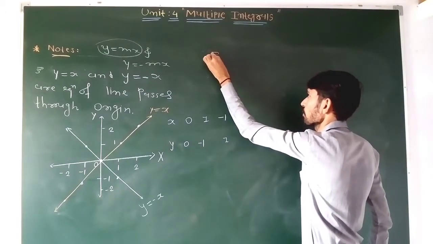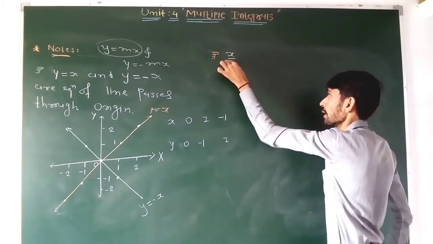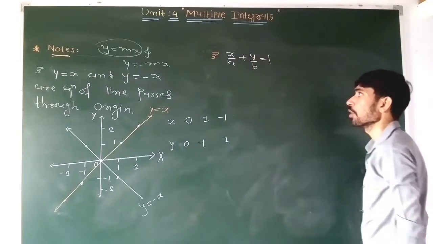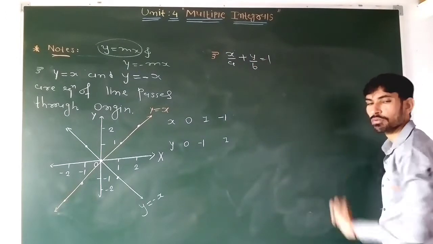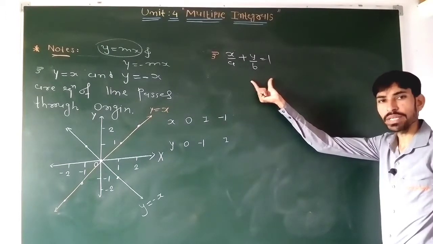Now we write the next note. The next equation of line is x upon a plus y upon b is equal to 1. This is also the equation of a line, and this equation is known as the intercept form of the line.